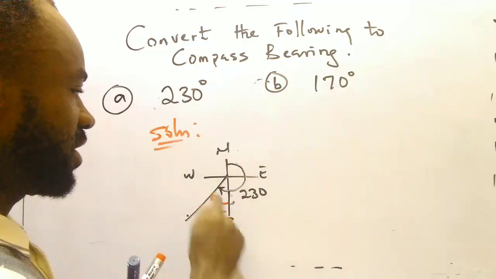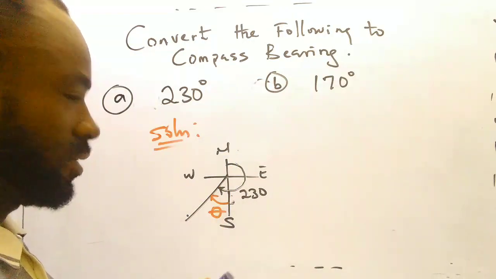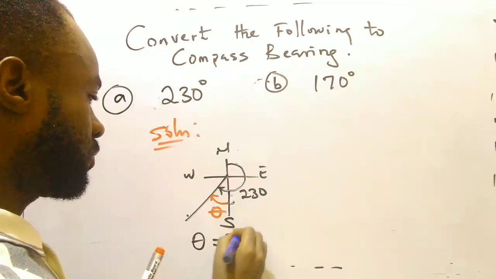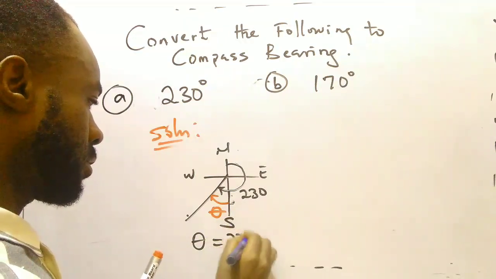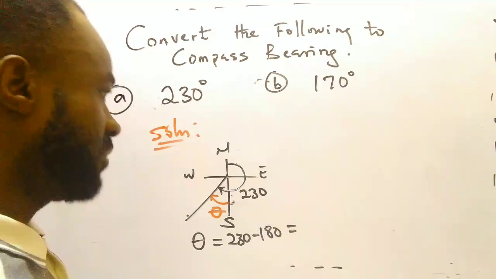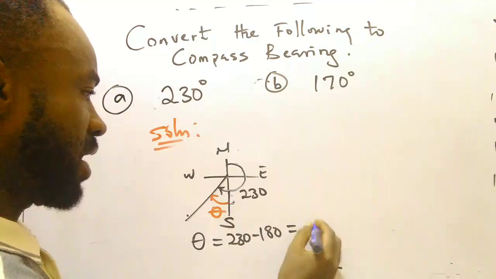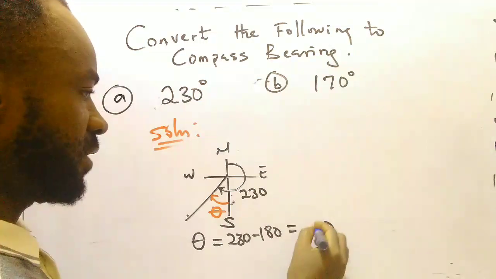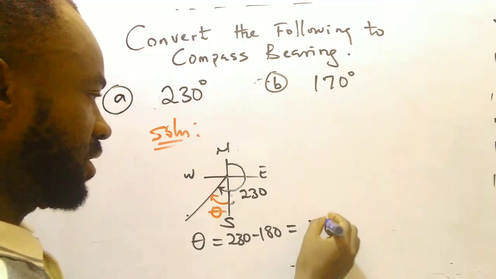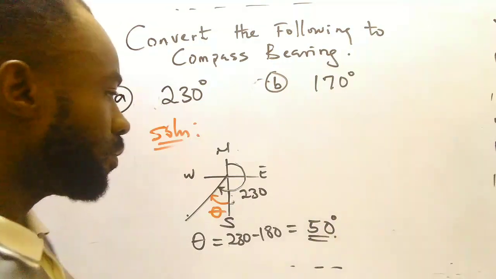We simply say 230 minus 180. So our angle theta is equal to 230 minus 180, which gives us 50 degrees.